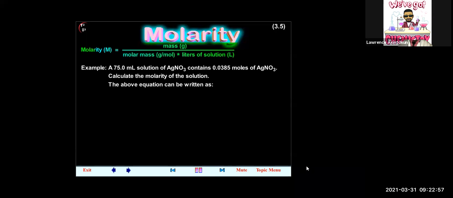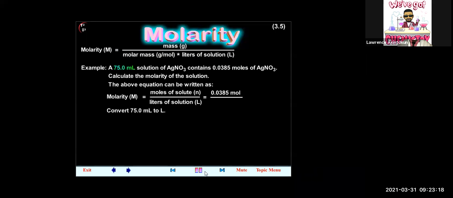The above equation can be written as molarity, M, equals moles of solute, n, divided by liters of solution, L, equals 0.0385 moles divided by, convert 75 milliliters to liters. 1,000 milliliters equals 1 liter.